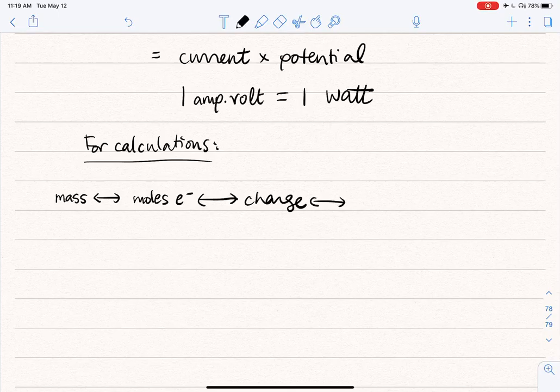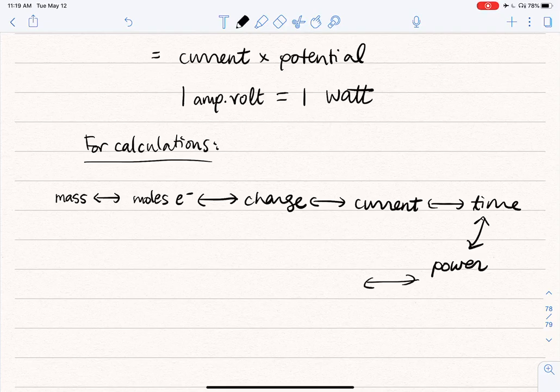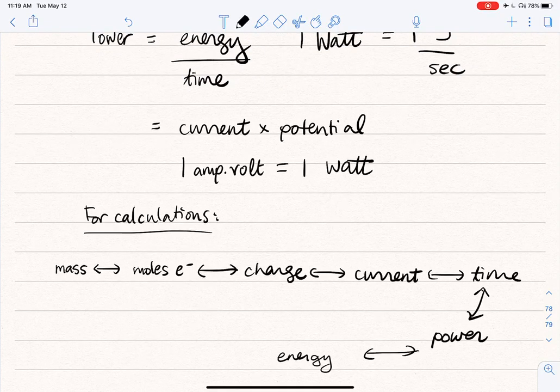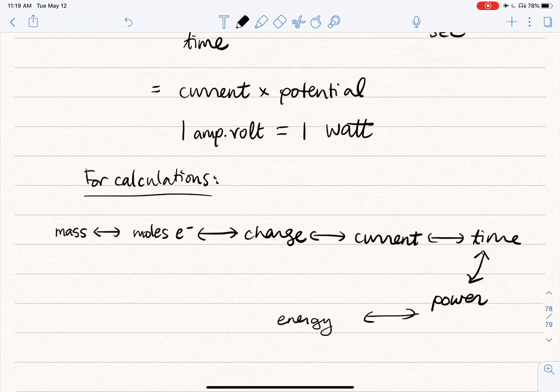And from charge, you can go to current if you have the unit of time. And then you can also figure out the amount of time that a reaction might take. And time, of course, is related to power, and power is related to energy, because power is just the amount of energy per unit time. And from energy, you can interconvert with charge, et cetera. So the problems you'll notice are just fancy unit conversions.